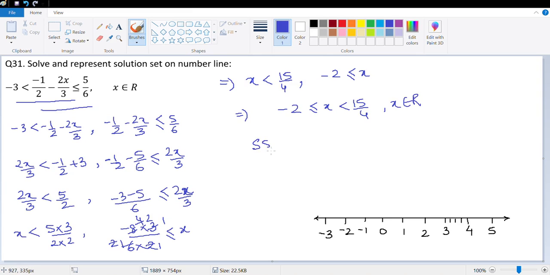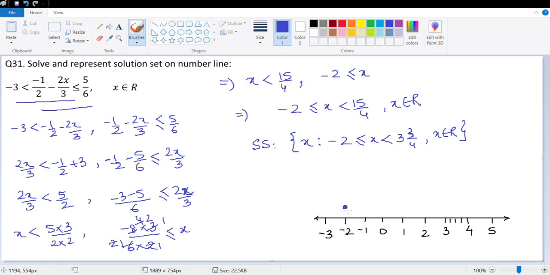Let's write it in the solution set form. It would be set of all x such that negative 2 is less than or equal to x less than 15 upon 4, which would be 4 3s are 12, 3 by 4. 3 by 4, x belongs to a real number, which means negative 2 is included.